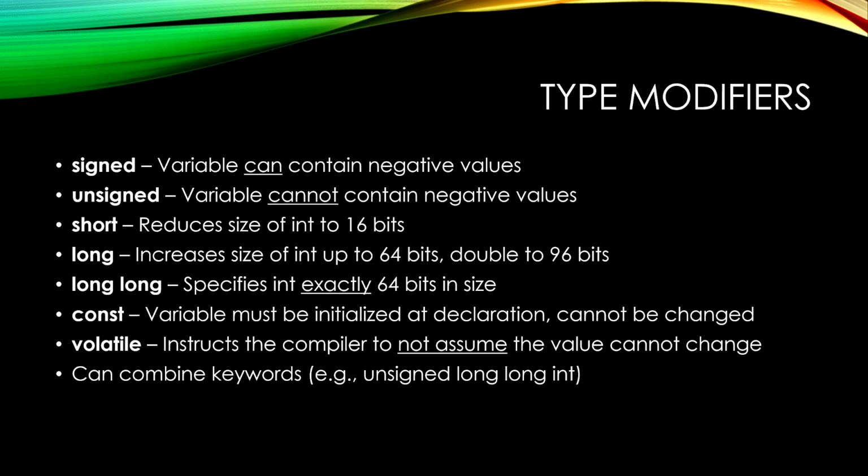Long is going to increase that to 64 bits instead. So much, much wider range. You can also use long to apply to doubles, and that extends their range up to 96 bits.